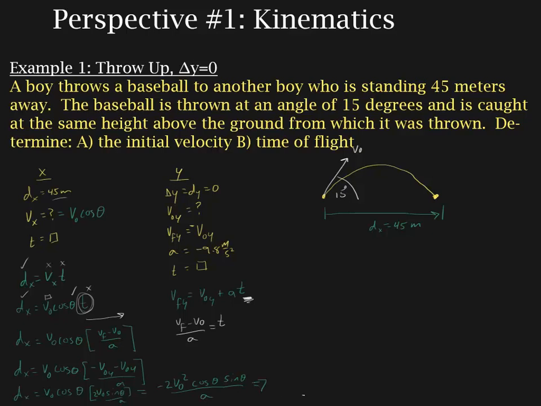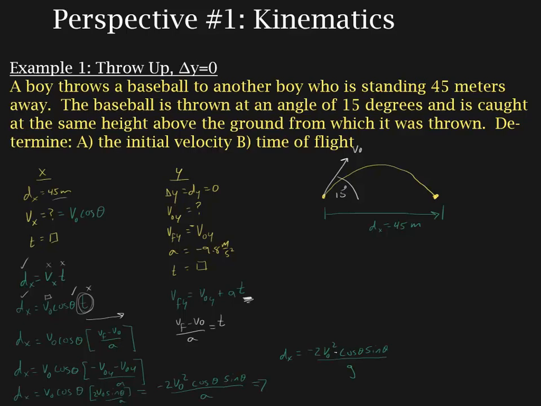So to get v initial, let's rewrite our equation. dx is equal to minus 2 v initial squared cosine theta sine theta divided by g.